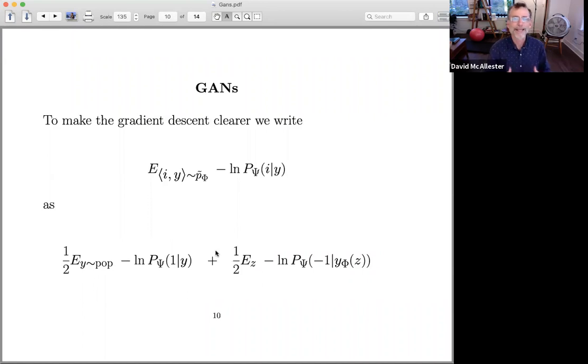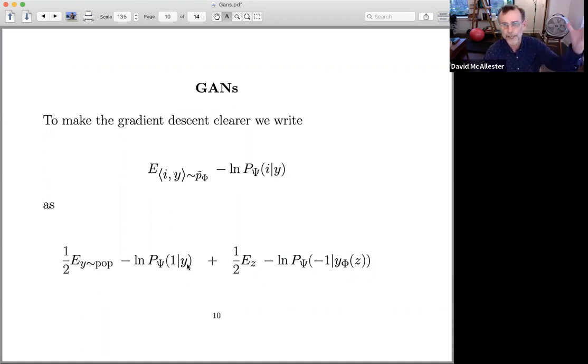Okay, we can make the gradient descent algorithm clearer, particularly the gradient on the generator, by writing this cross-entropy objective function for the discriminator as saying, well, half the time I'm going to generate from the population. If I generate from the population, then there's no gradient on the generator.